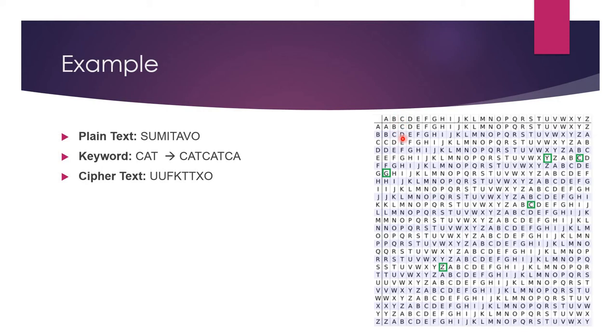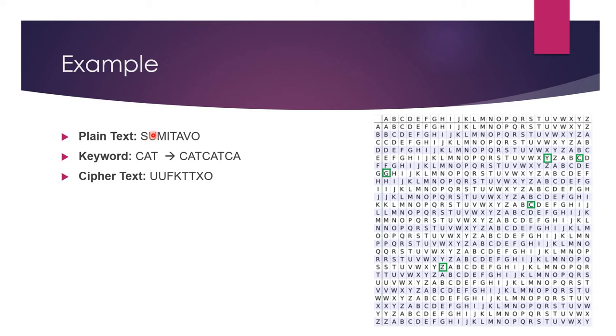So let's match these two things and arrive at the character. We match S with C, which arrives at U, guys, because C is in this row and S is in this column. So U becomes our cipher text.